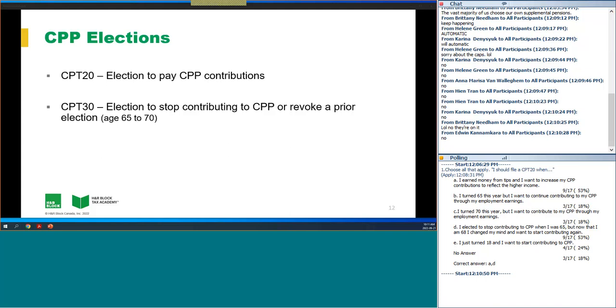B, I turn 65 and I want to stop contributing to CPP. C, I turn 70 and I want to stop contributing to CPP. D, I turn 18 and I'm earning more than $3,500, but I don't want to pay into CPP yet. I want to keep my money. Or E, I started drawing CPP disability payments and I'd like to stop contributing to CPP because I'm taking those CPP payments. All right. So we've got 15 seconds left.